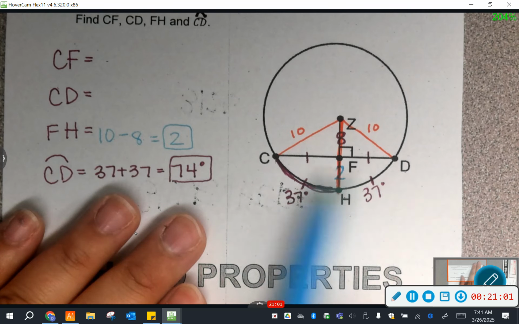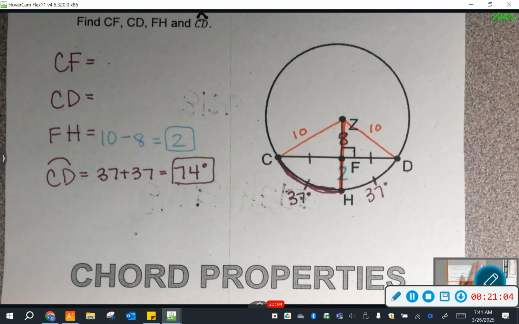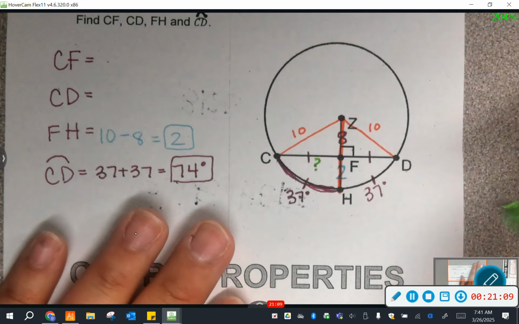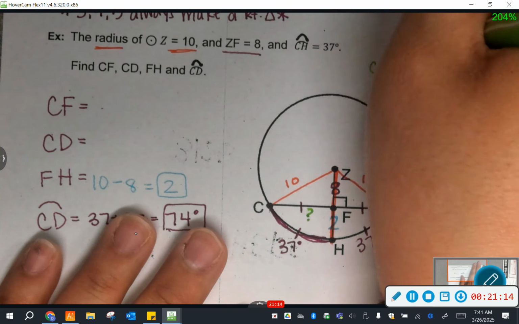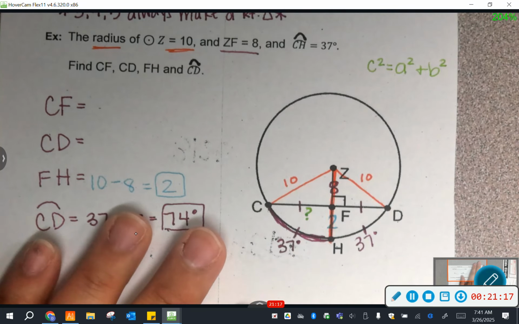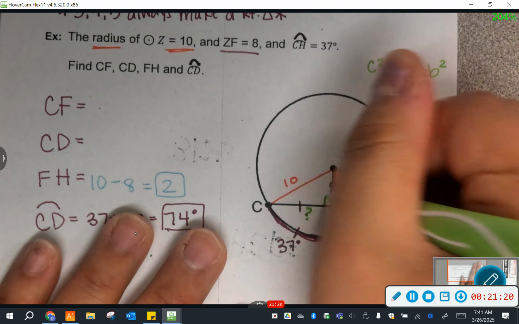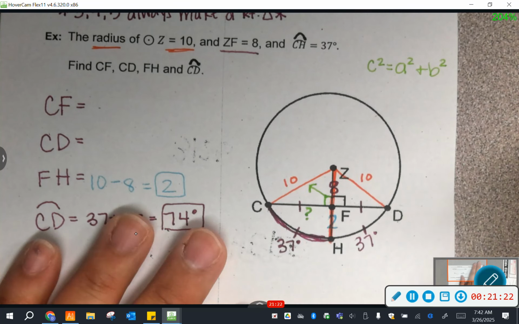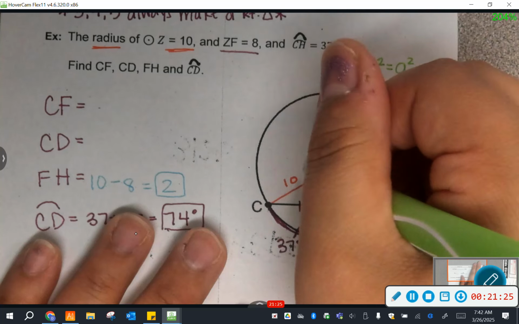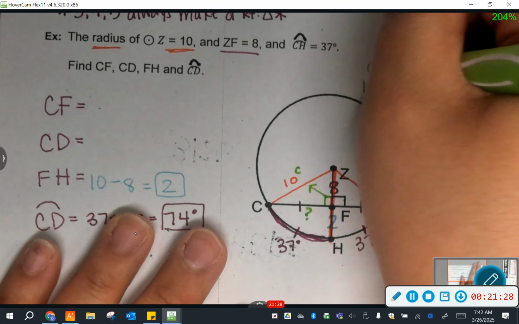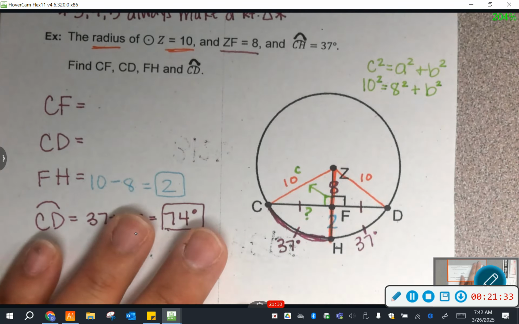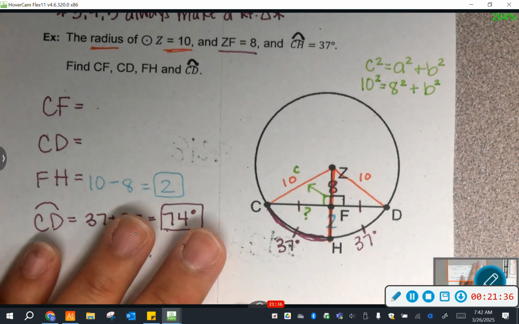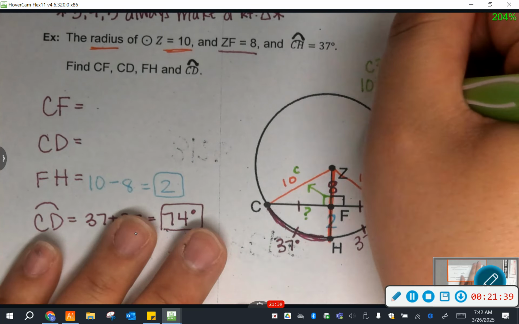I can't find CD without finding CF, so how do I find CF? I'm going to do Pythagorean theorem, just like we did above. C squared equals A squared plus B squared. Do I have my C? Yes. I have my C. And since I have my C, what do we need to do? Subtract.